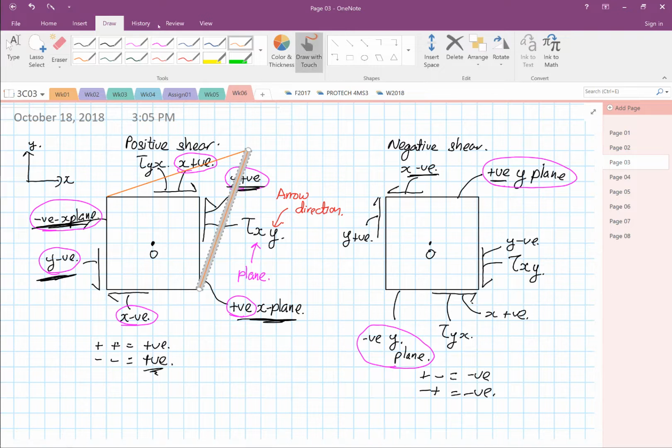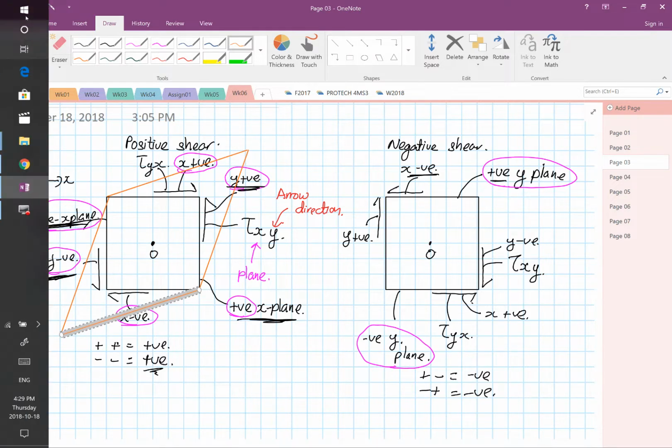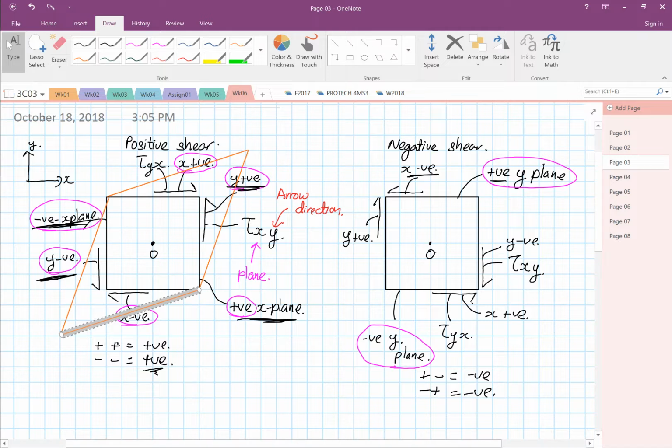So positive shear has the tendency to deform in this direction. So this is positive shear, this is how the element will deform.